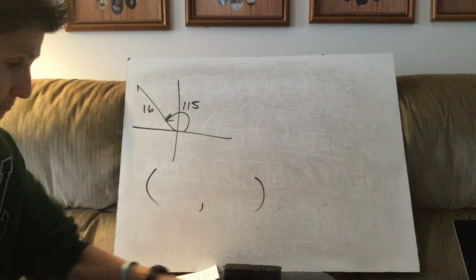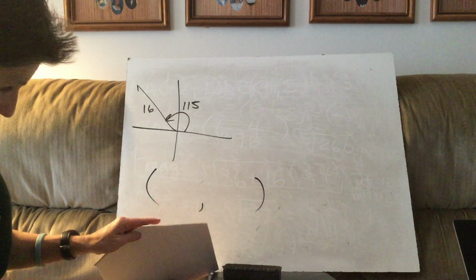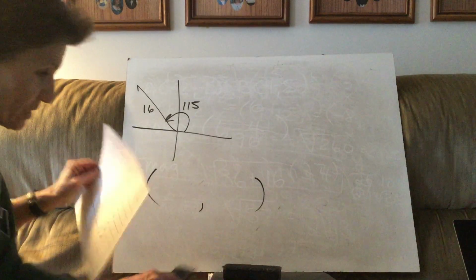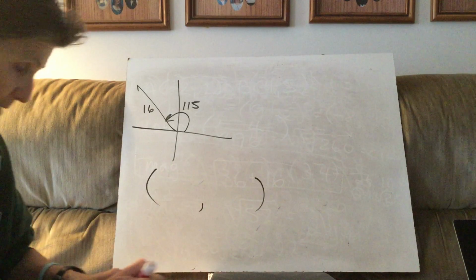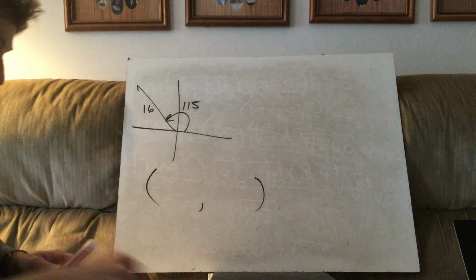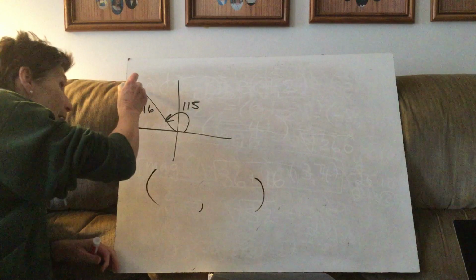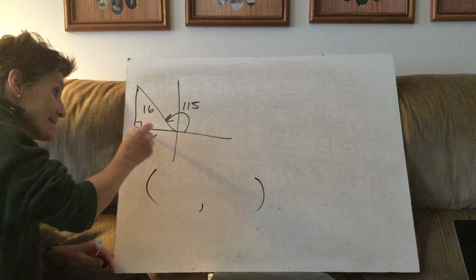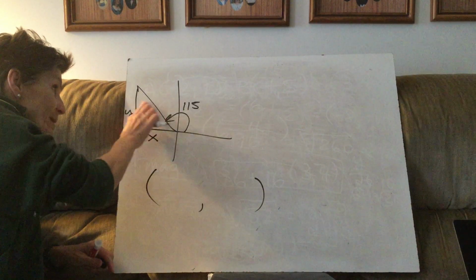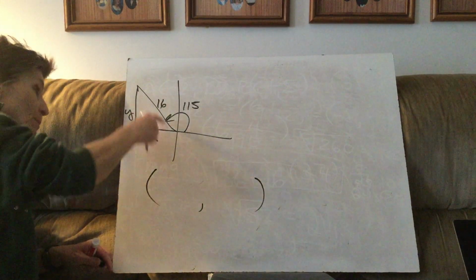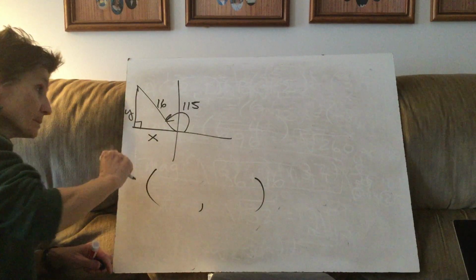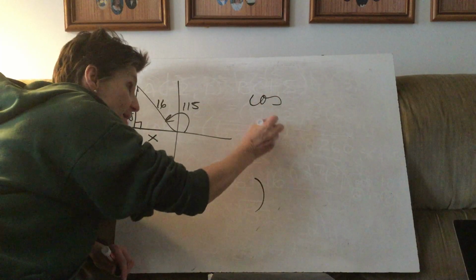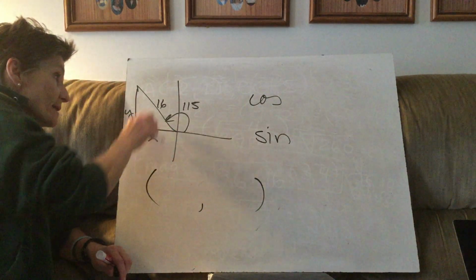Now, there are a couple of ways to do this, but if we do it the way that we have been, we stay consistent with what we have been doing. We've been dropping a perpendicular down here, noting that this is x and this is y. I'm going to move my 16 out here. And we have a right triangle so that we can say cosine of something and sine of something. We can do cosine and sine.